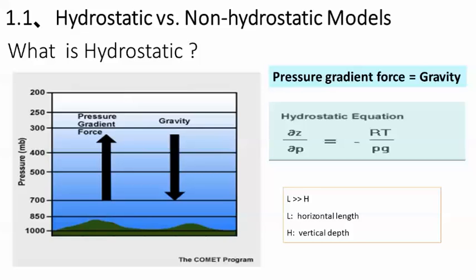The hydrostatic model's vertical motion is diagnosed from other forecast variables, not calculated directly. This simplification has almost no effect on the prediction of large-scale phenomena and allows the model to run faster.